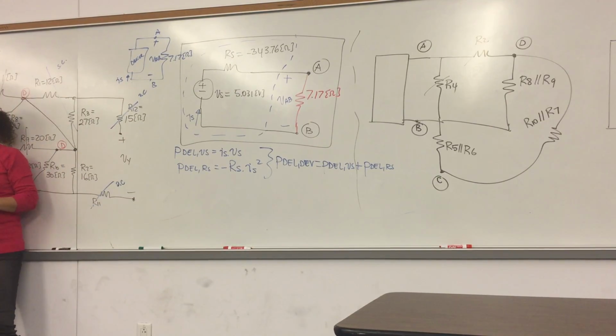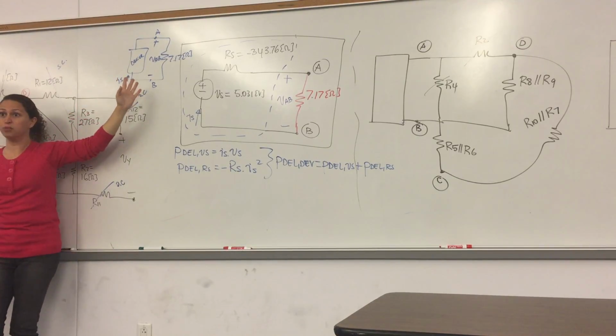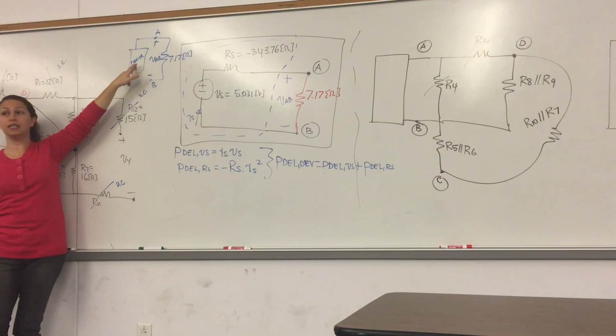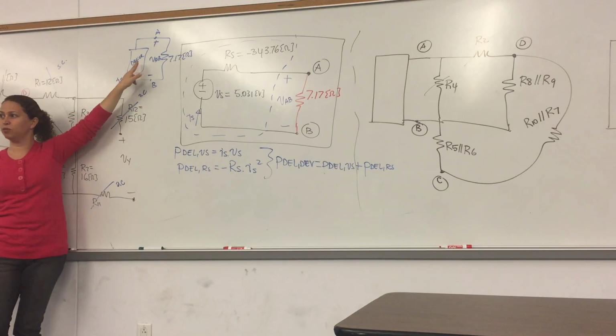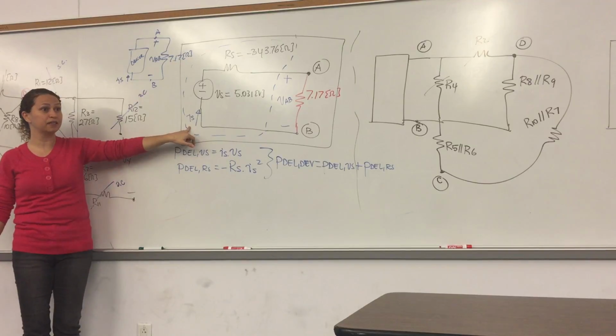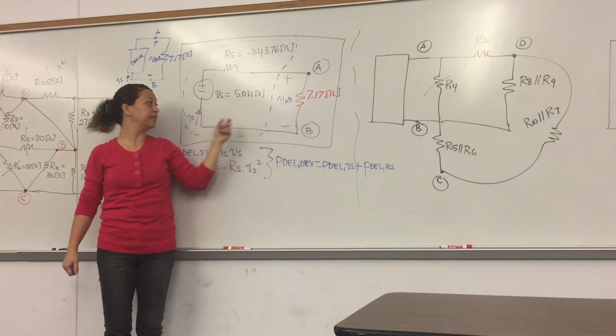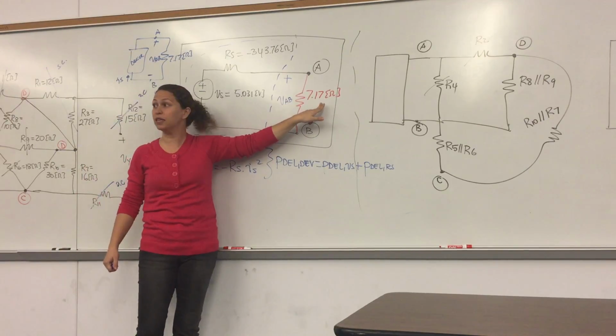Another way, the third way. How many components do you have here? 2 components. Power has to be conserved, right? If you're trying to find delivered power by that, what is that equal to? Absorbed power by the resistor, right? So once you get IS, what is the absorbed power by this resistor? IS squared times 7.17, right?